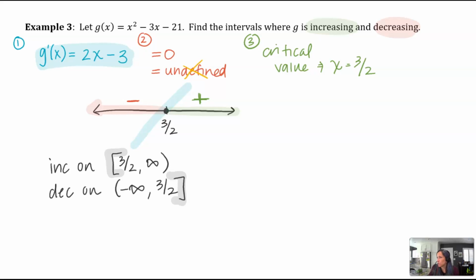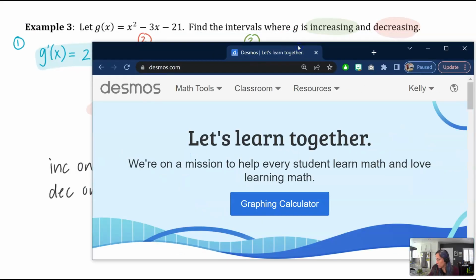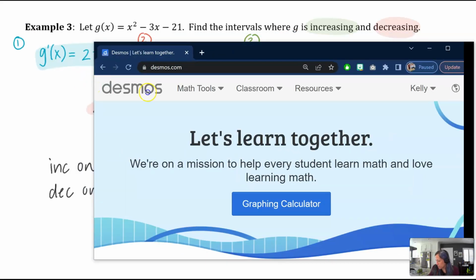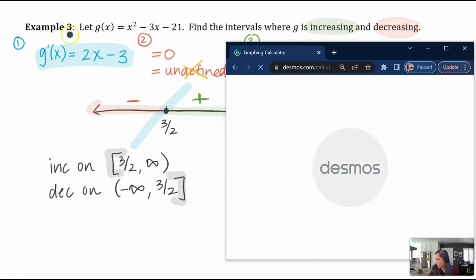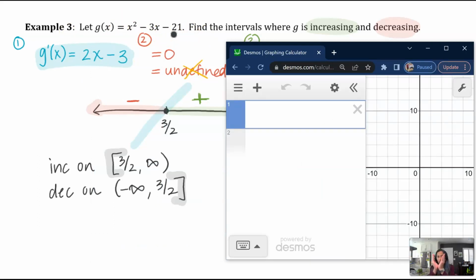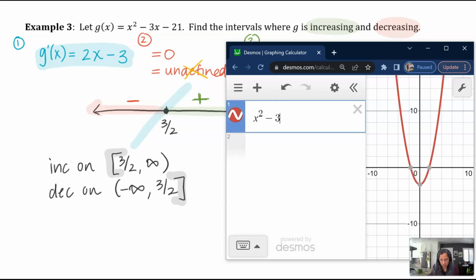We might as well, since we're here, let's pull up Desmos and look at this graph to sort of see what we see. This also should not be that surprising if you think about the original function. This original function is just a parabola that is opening upward. So it would start decreasing and then it would go to increasing. But let's just see x squared minus 3x minus 21.